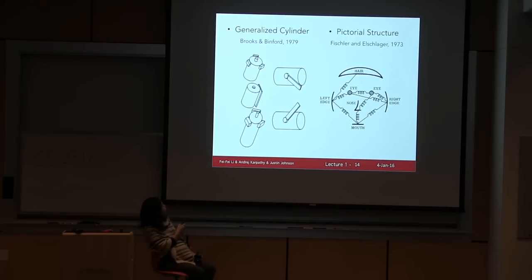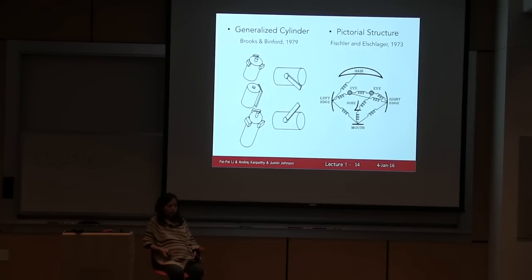Tom Binford was a professor at Stanford AI Lab, and he and his student Rodney Brooks proposed one of the first so-called generalized cylinder models. I'm not going to get into the details, but the idea is that the world is composed of simple shapes like cylinders and blocks, and then any real-world object is just a combination of these simple shapes given a particular viewing angle.